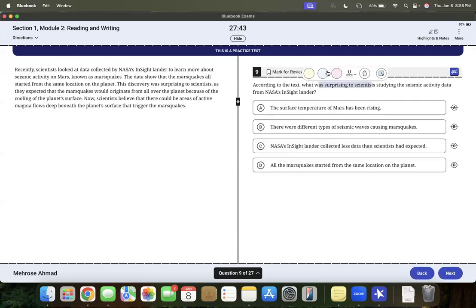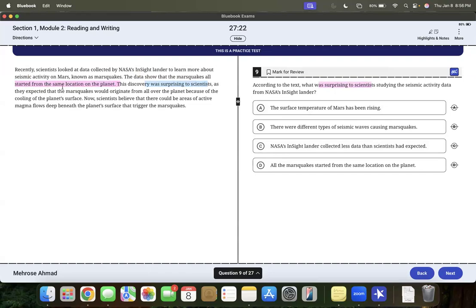According to the text, what was surprising to scientists studying the seismic activity data? Recently, scientists looked at data collected by NASA to learn more about seismic activity on Mars, known as marsquakes. Data shows marsquakes all started from the same location. This discovery was surprising. So what is the surprising thing? That they all came from the same location.